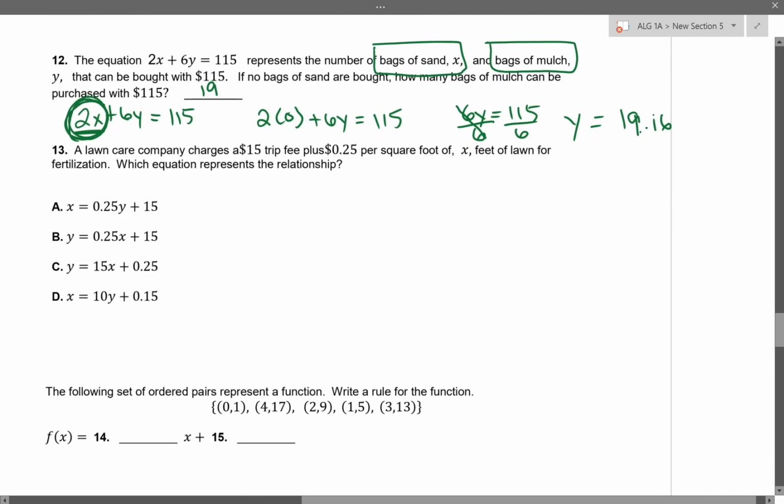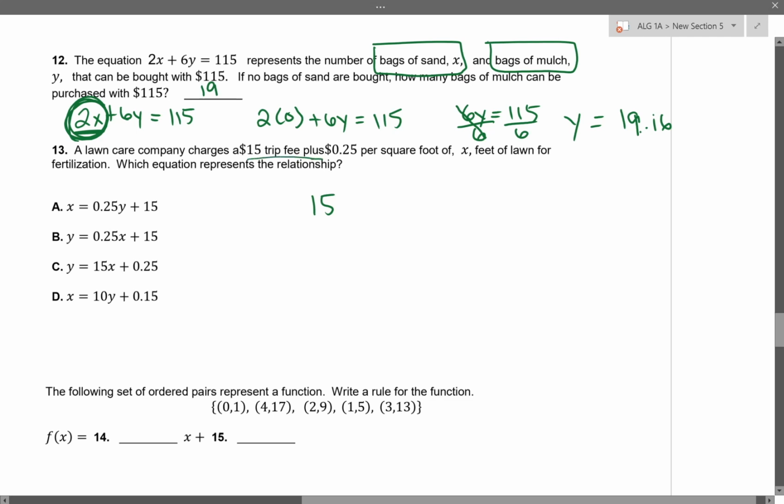A lawn care company charges a $15 trip fee plus 25 cents per square foot of X feet of lawn for fertilization. Which equation represents this relationship? Alright, so first off, it's saying a lawn care company charges a $15 trip fee. So no matter what, we're going to be paying $15.